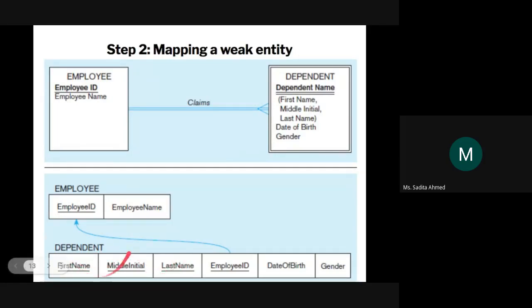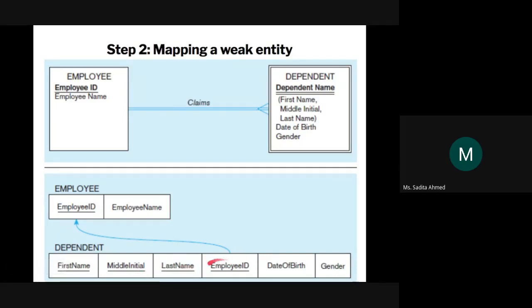First name, middle initial, last name, these three we will make part of the primary key. Why? Because dependent name was a partial identifier. However, they alone, on their own, cannot be the primary key since partial.